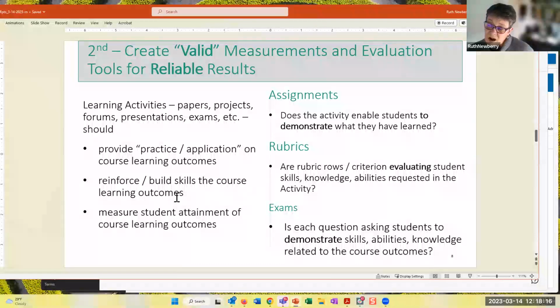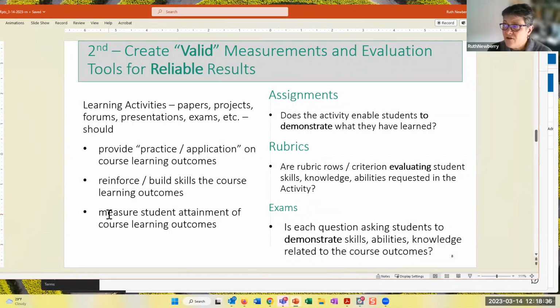And then ideally, we have key assignments in there that are really to measure whether or not our students understand the material, have developed the skills, and to what level, and whether our course has been successful.